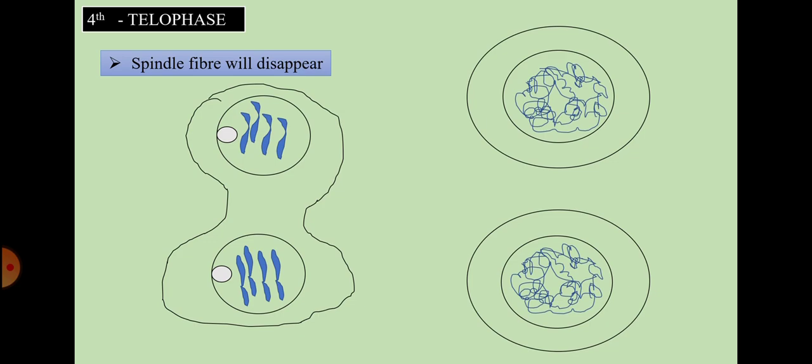In anaphase, the spindle fibers pull the chromosomes towards the opposite poles, and they get separated from the centromere. Then we enter telophase, where two different nuclei are developed in one cell. Once the nuclei are completely developed, the cell divides from the center and two daughter cells are produced.